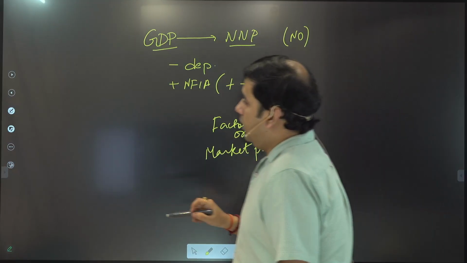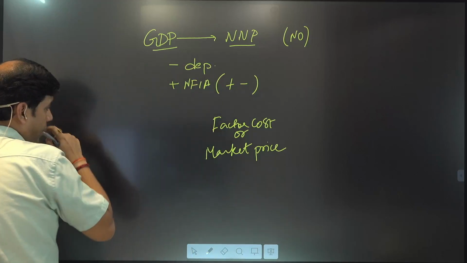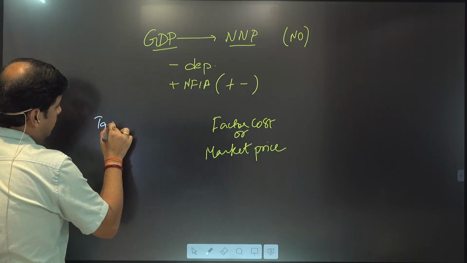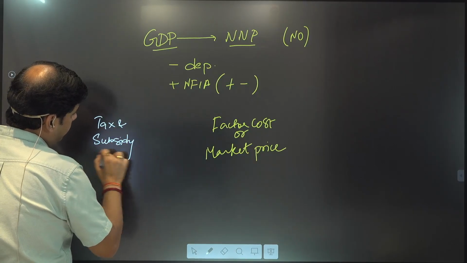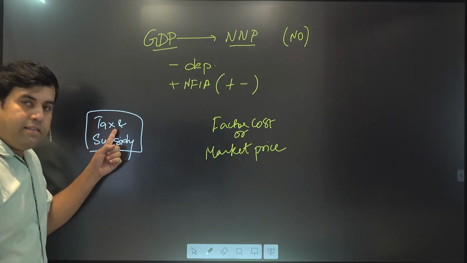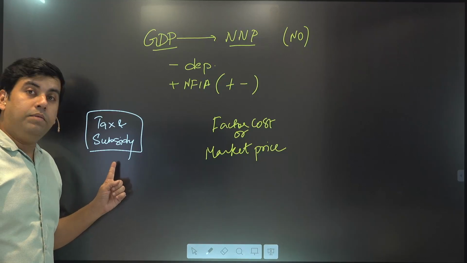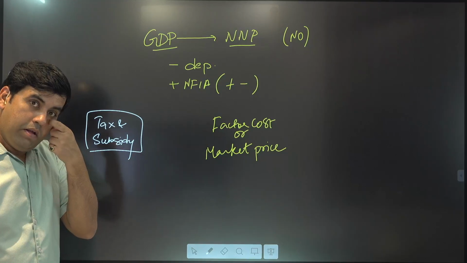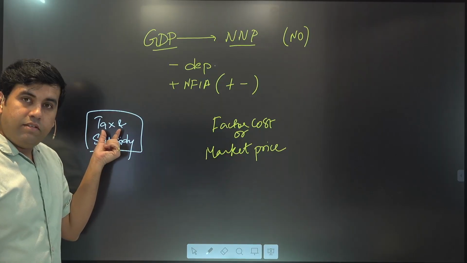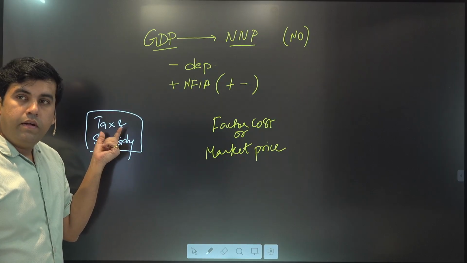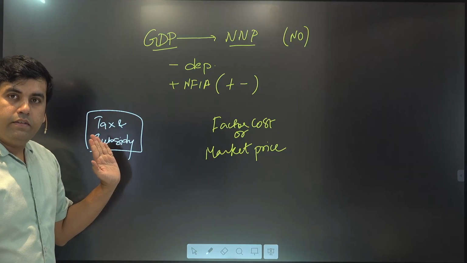Please tell me one thing. If I have taxes and subsidy, are taxes and subsidy added or subtracted in these? Let's take market price. In the market price we have taxes. Taxes are added. Yes or no?